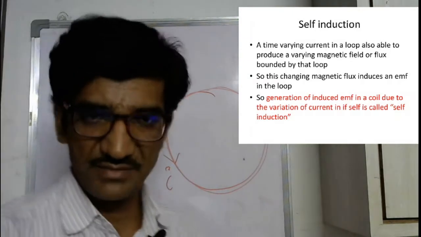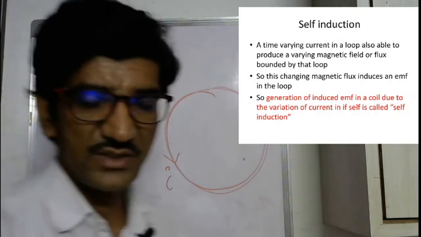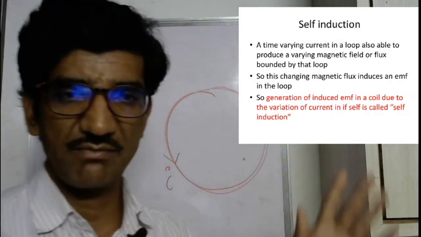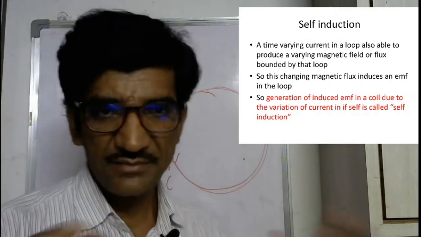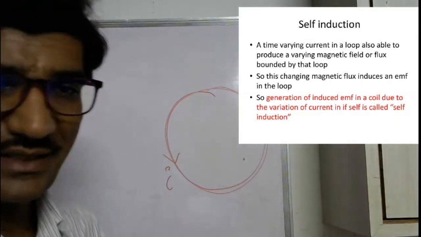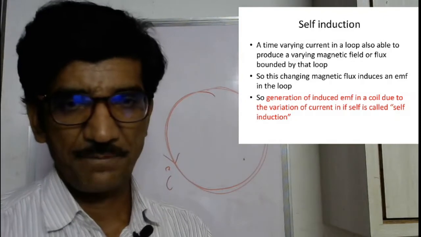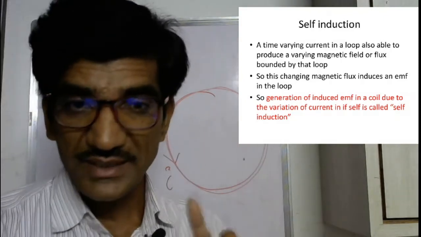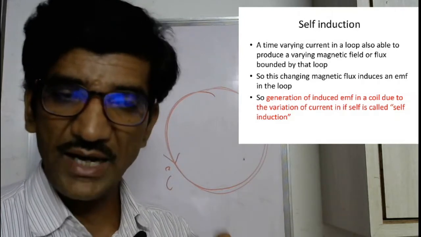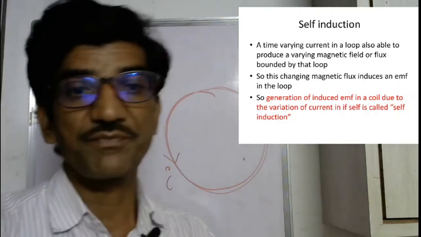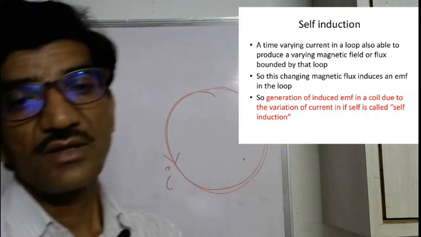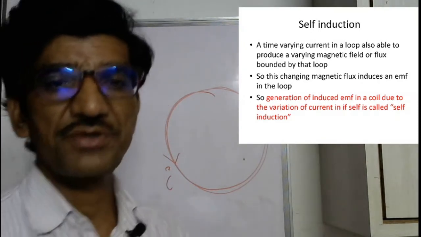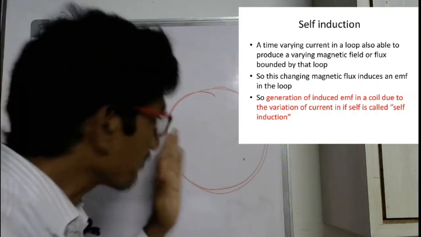By changing the magnitude of current over time, you can get a varying magnetic field that can cause electromagnetic induction. Now we are not bothering about the second coil. We are bothering about the coil with a current which is able to produce the varying magnetic field. What happens in this wire?